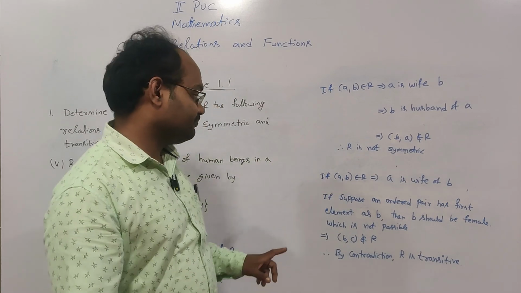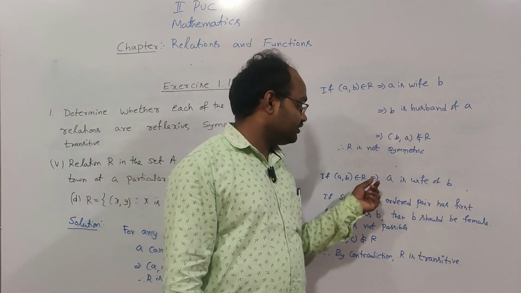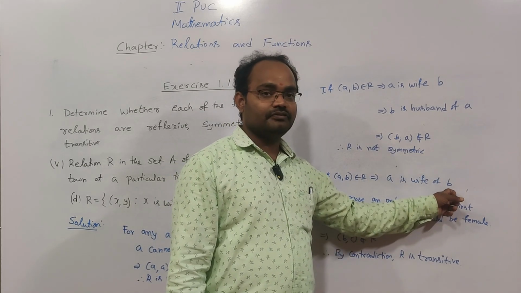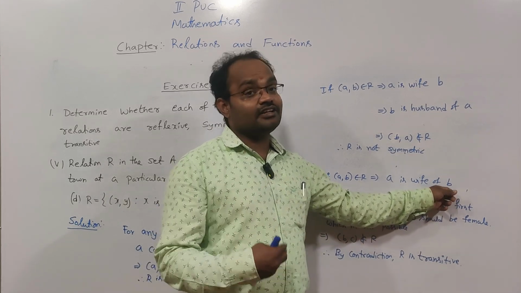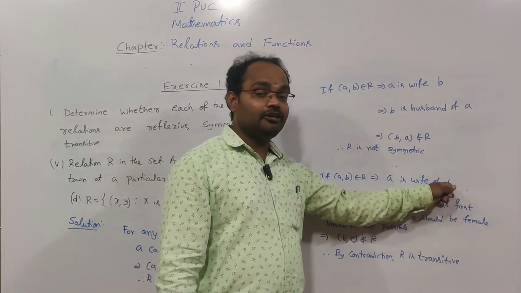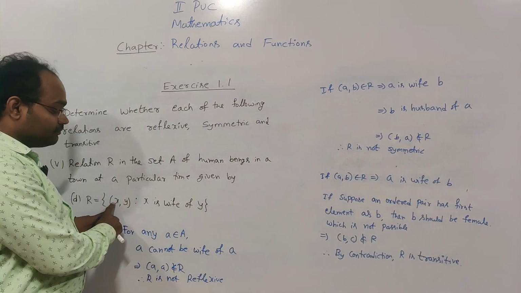How? Let us see. Here AB belongs to R, which implies A is wife of B. Suppose there exists another pair which has first element B. If the first element is B, what should happen?